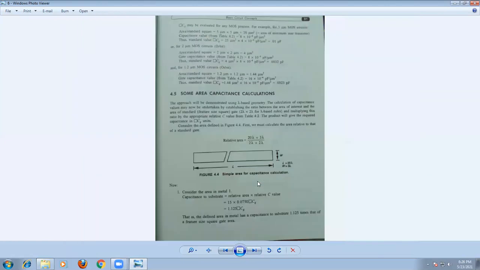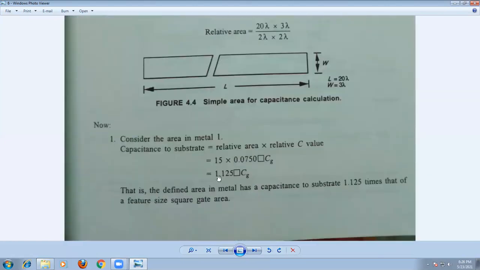So for this case, we can use 1.125 into 1 square Cg, which equals 0.01 picofarad. You get the value in terms of picofarad, right? So like this you can calculate.